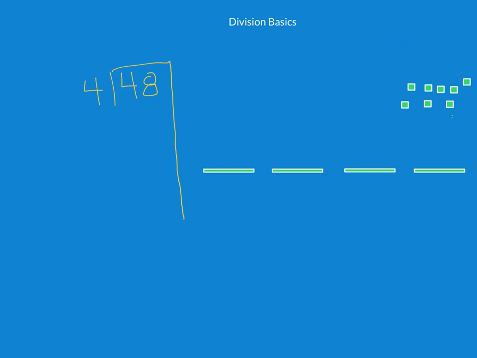So now I have the 4 groups, and there's 10 in each one of my groups. So of course that becomes 4 groups with 10 in each group, and that's 10, 20, 30, 40, of course.